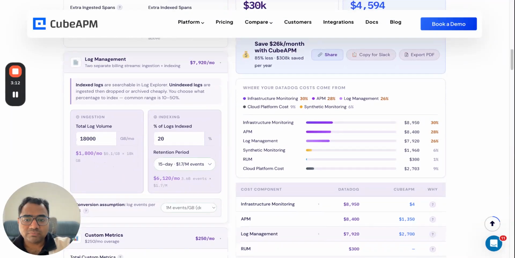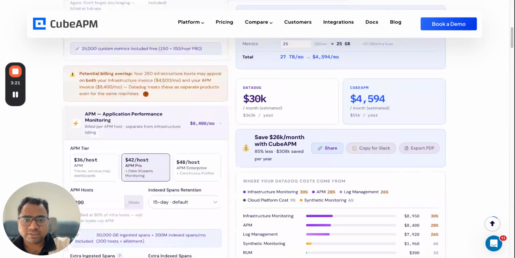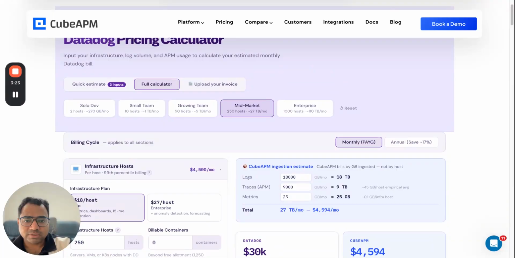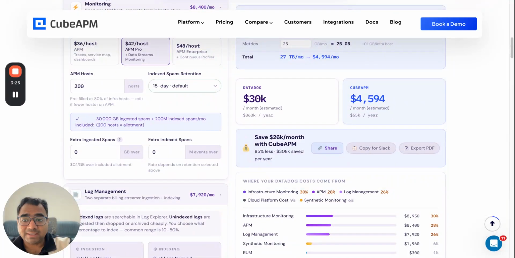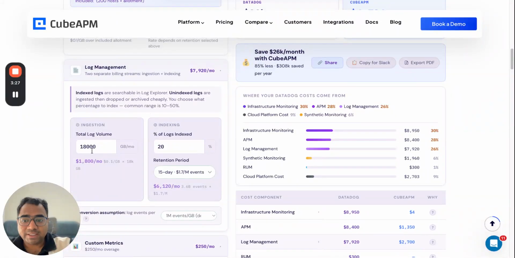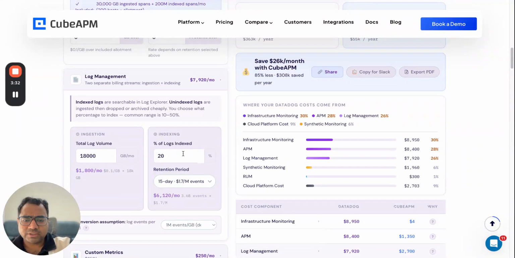Then for logs, I have assumed that the total amount of log is approximately two-thirds. If I'm ingesting 27 TB per month, 18 TB is log. So for 18 TB, which is 18,000 GB per month, with the default retention, I am paying approximately $8,000 per month for log.